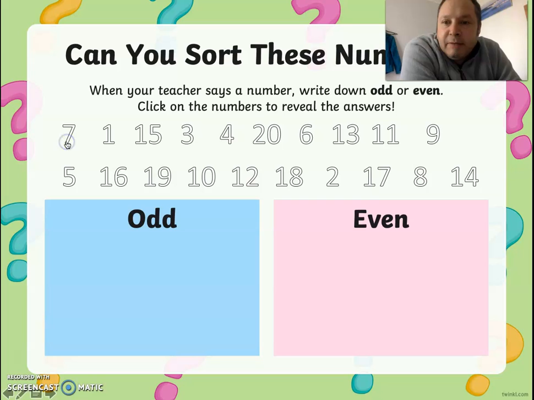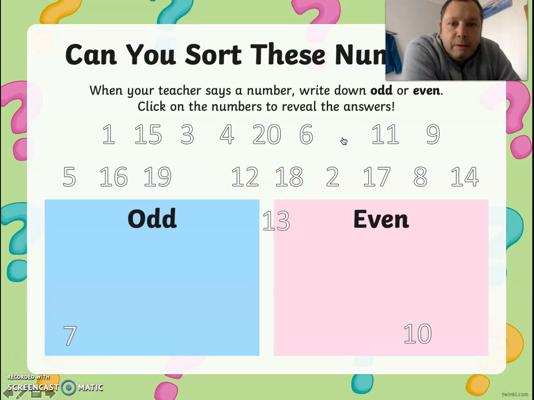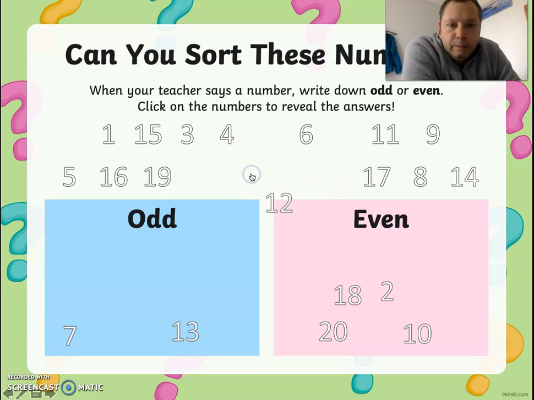Let's have a look at number 7. 7's an odd number. What about number 10? 10's an even number. 13 is an odd number. 20 is an even number. 18's an even number. 2's an even number. 12's an even number. 19's an odd number.